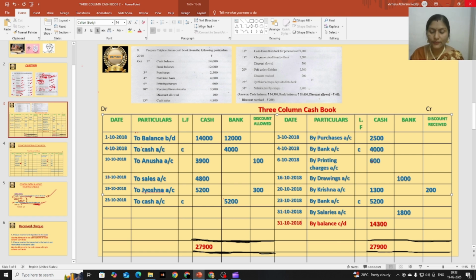Let us do totals for the bank column now. Debit side bank column amounts are 12,000 plus 4,000 plus 5,200. So the debit side total is 21,200. And the credit side total is, look into the bank column, credit side 1,000 plus 1,800, so 2,800.